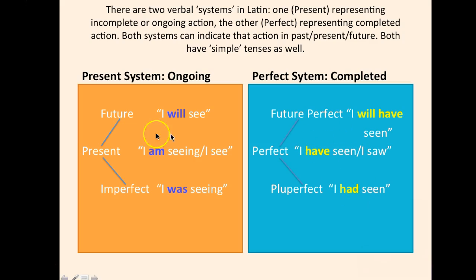In Latin, the uses of the present and also the perfect include what we call a simple present or a simple past, in that the present tense can just mean I see, and the perfect tense can also mean I saw, not necessarily I have seen.